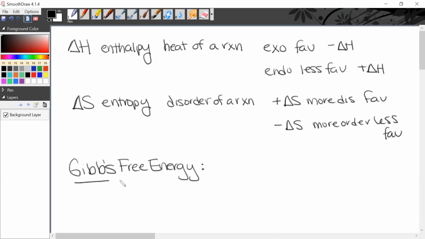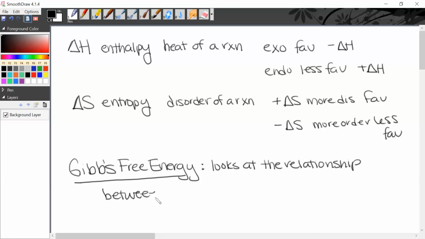Gibbs free energy looks at the relationship between enthalpy, entropy, and temperature.